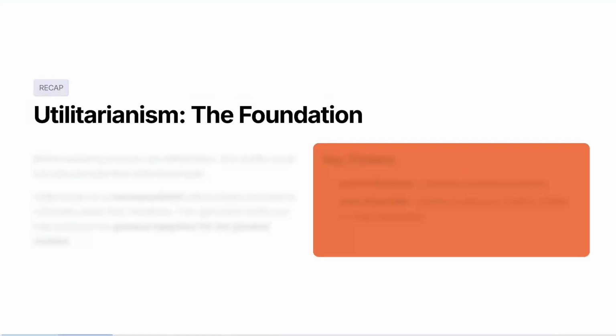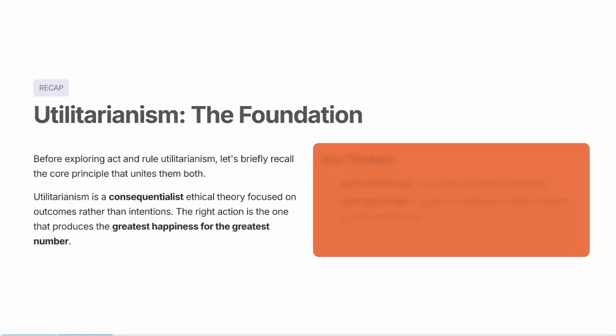So let's recap what utilitarianism is, the core ideas. It's a form of consequentialism, which means that the morality of an action depends on its consequences more than the intentions or rules. Jeremy Bentham argued that human beings are governed by pleasure and by pain, and that the goal of morality should be to maximize pleasure and minimize suffering.